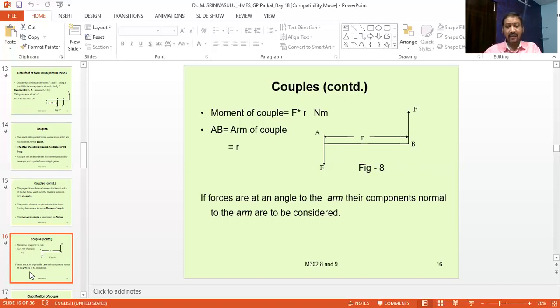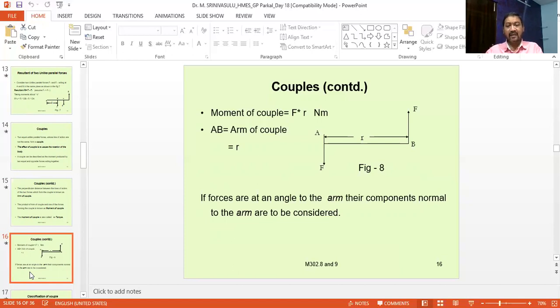Here the body is assumed to be supported at the midpoint, or it may also not be supported, but the moment of the couple is nothing but the moment of the force, that is F into R. We can take any one of the forces, because the two forces are equal in magnitude, into the distance between the two forces. So the moment of the couple is equal to F into R.